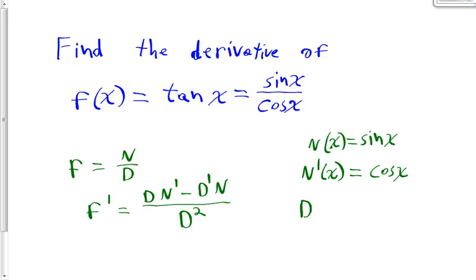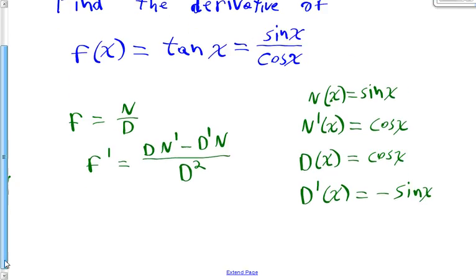And d would be the cosine of x, and the derivative of the cosine is the negative sine of x. So we have all the parts that we need to find the derivative of f.